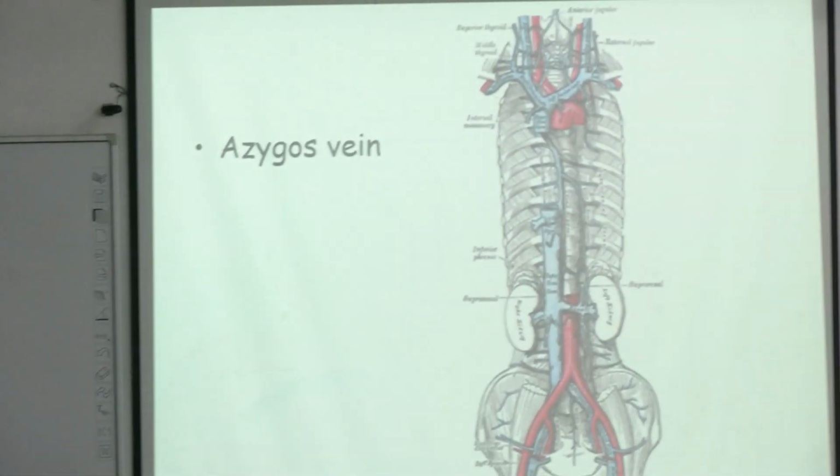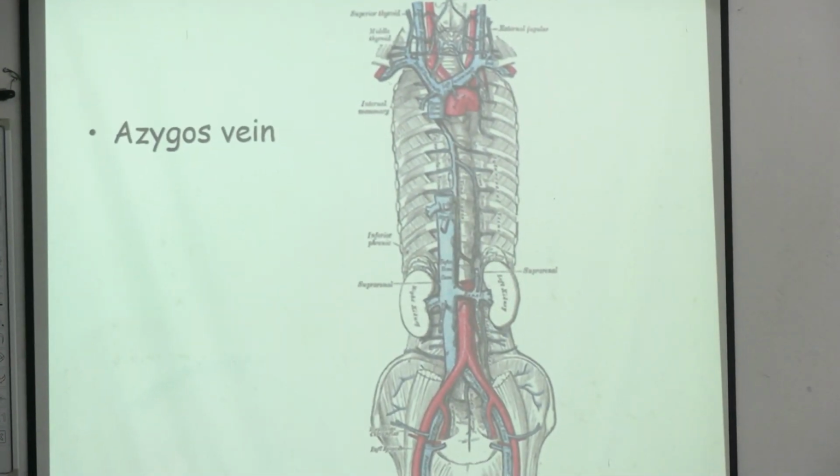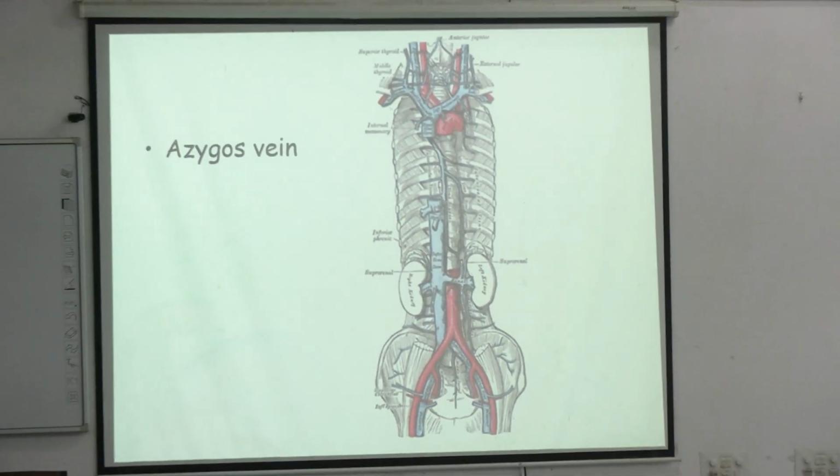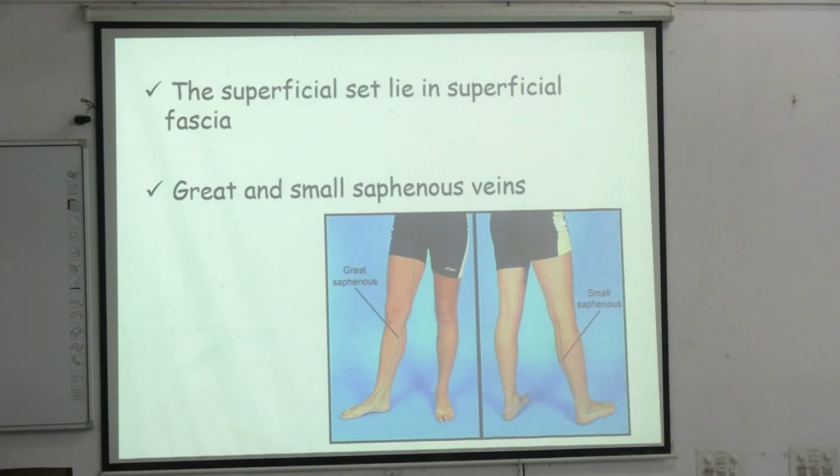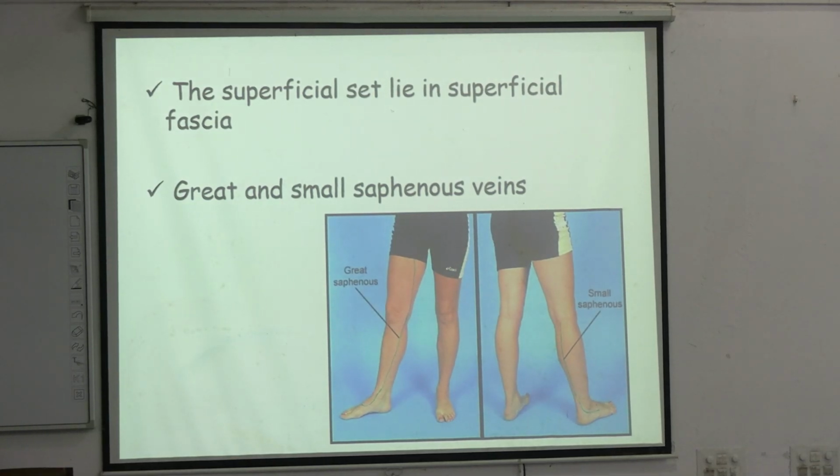Now, the azygous vein, the superficial set lie in the superficial fascia, the great and small saphenous vein. The great saphenous vein and this small saphenous vein. When you study the lower limb, you will be seeing these veins in the dissection hall.